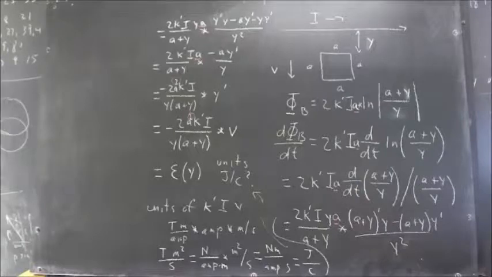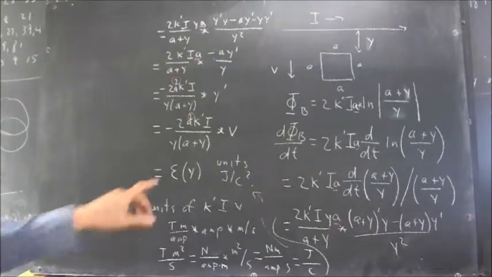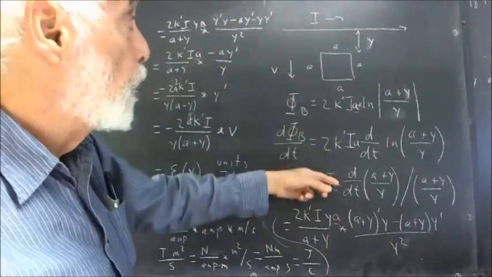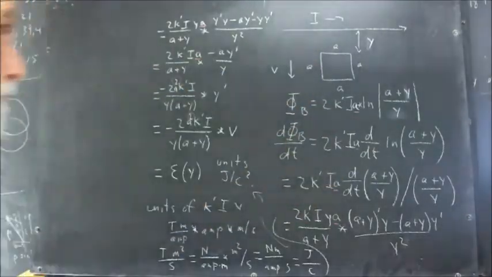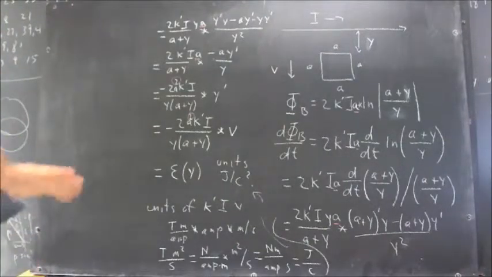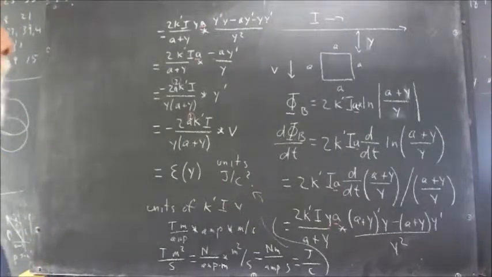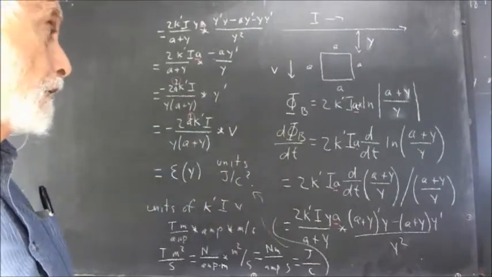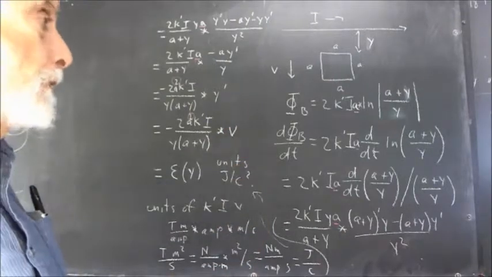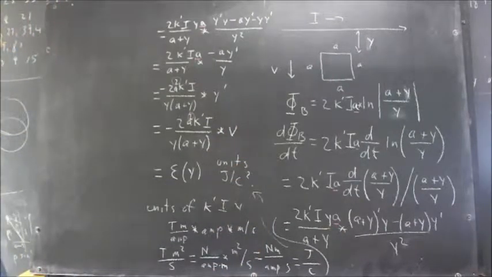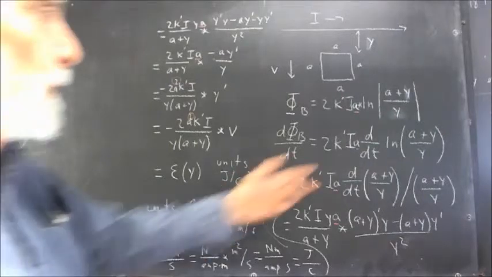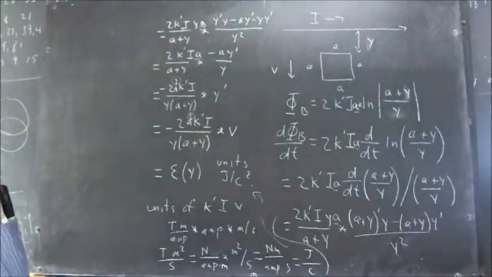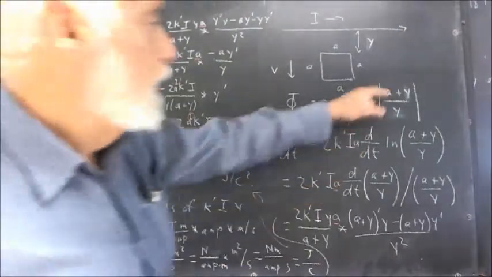Now the other part of this is that we want to see if this makes sense. First, if we pull the loop away from the x-axis, from the line current, what's going to happen to the flux, and second, to the rate of change of the flux? The flux is proportional to the natural log of A plus Y over Y. A is fixed.